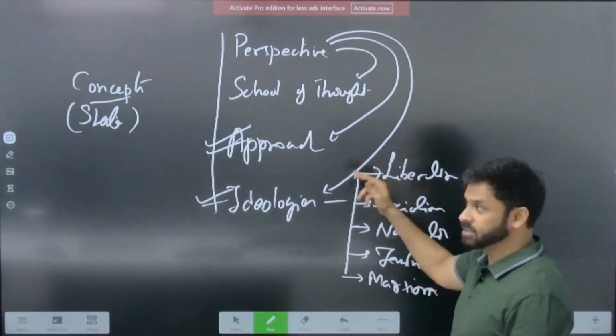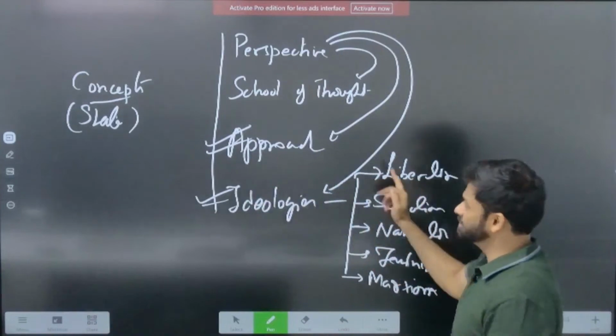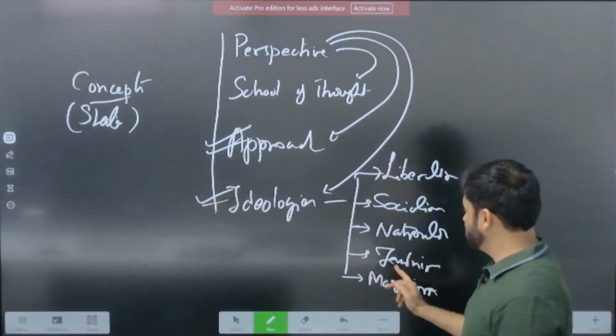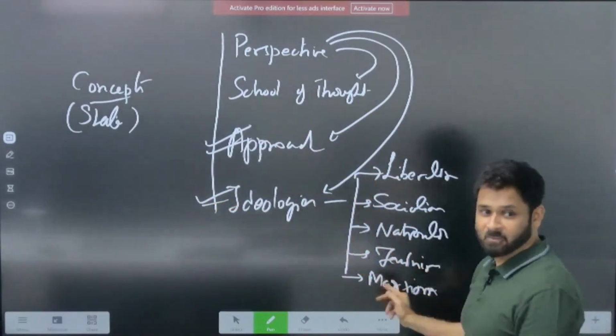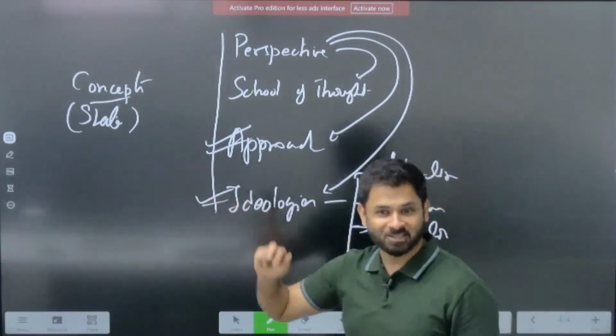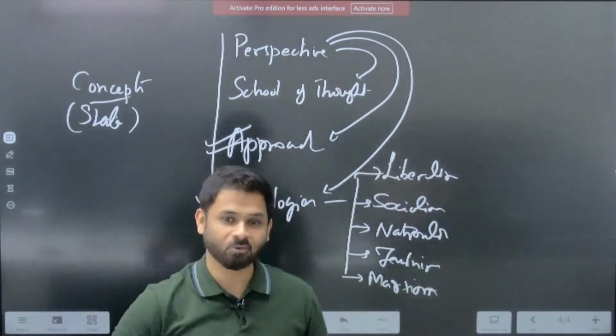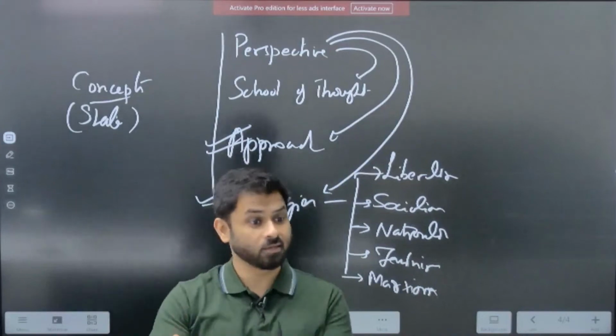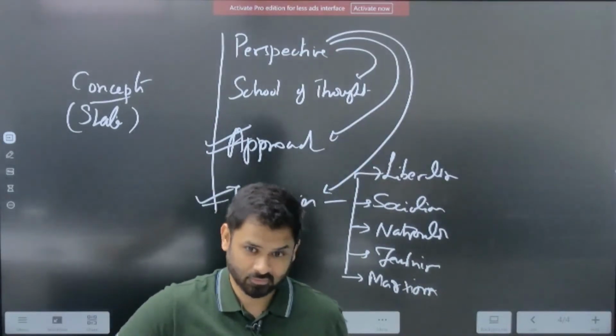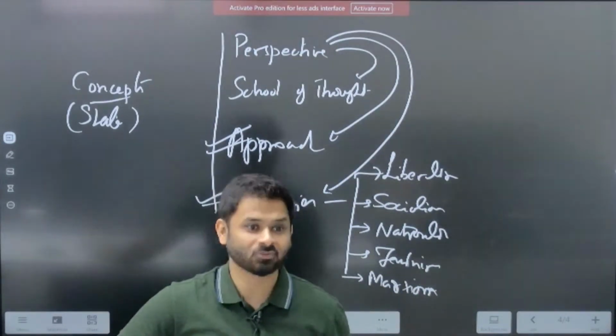So there is a liberal theory of the state, a socialist theory, a Marxist theory, a feminist theory, and there is a Gandhian theory of the state also, because Gandhi is also an important political thinker and it is also an ideology. That's the scope of the syllabus.